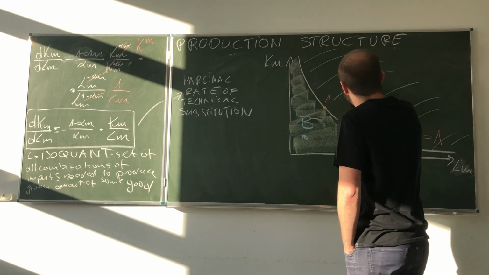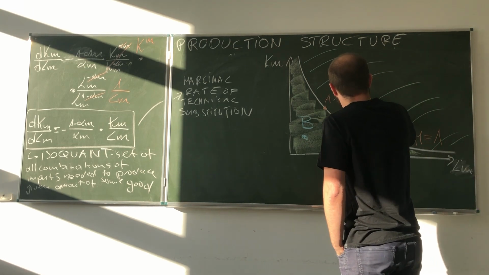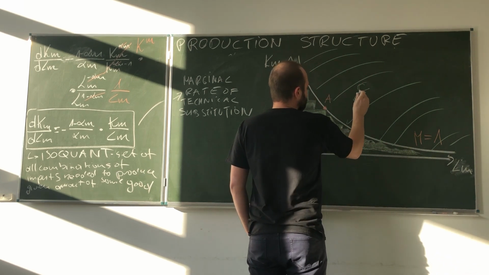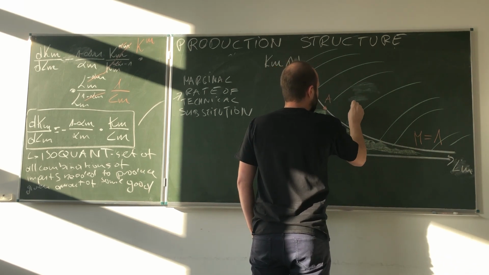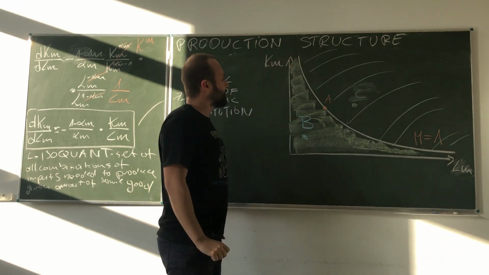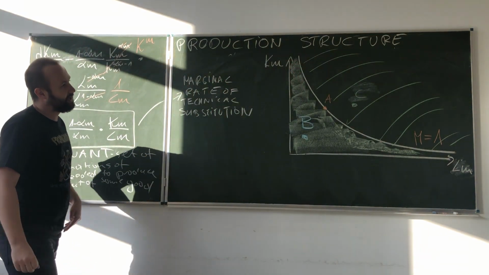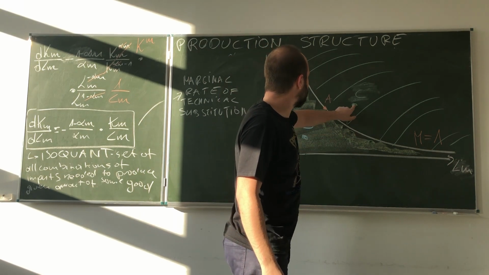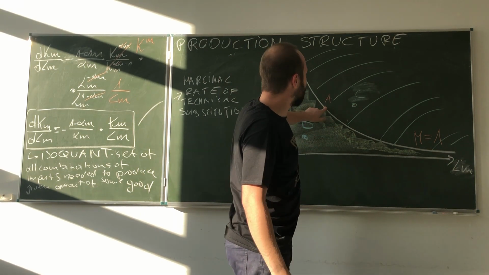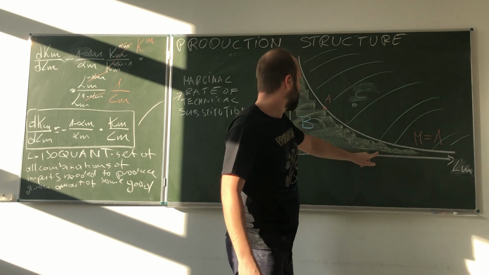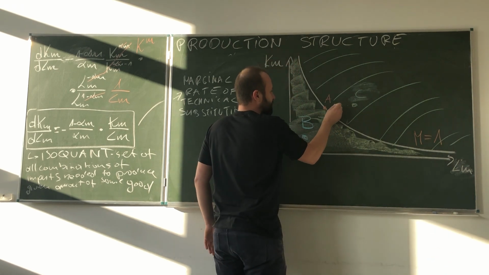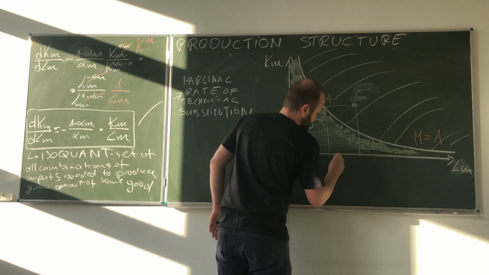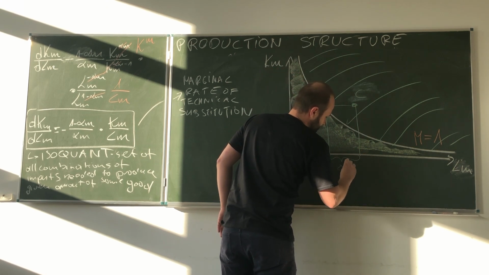Because if I have a point like C, I can produce 1 unit of manufacturers using this much less labor.